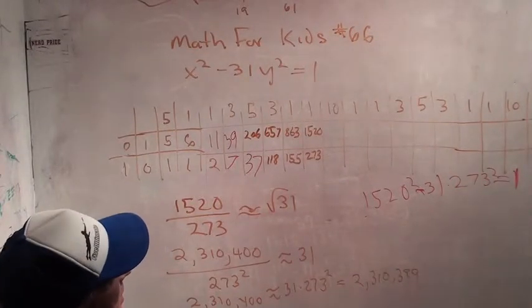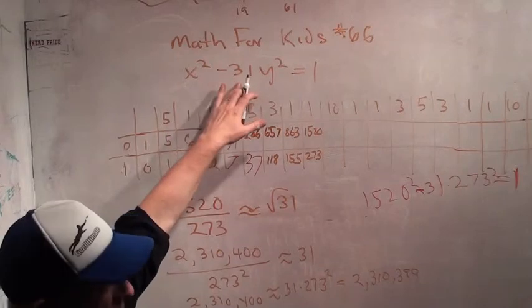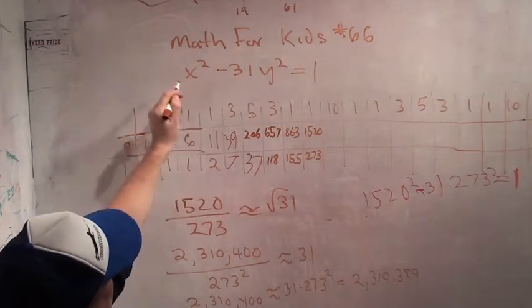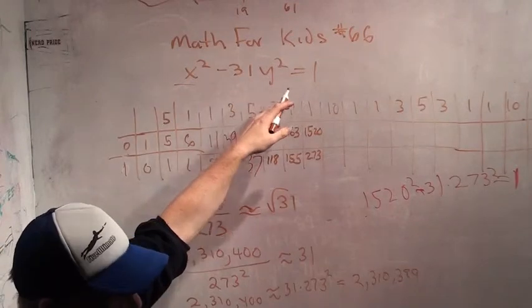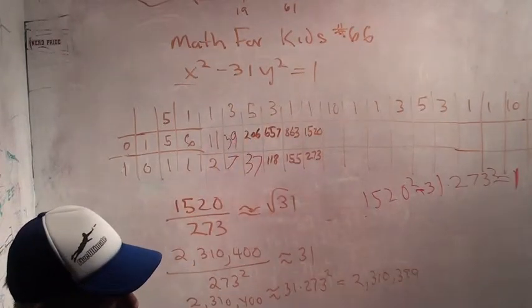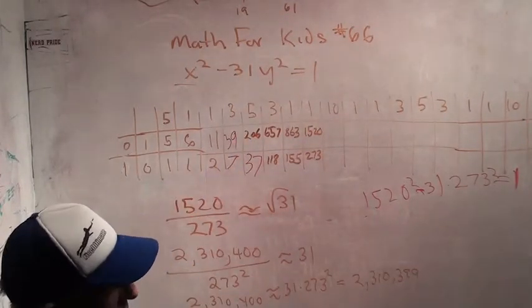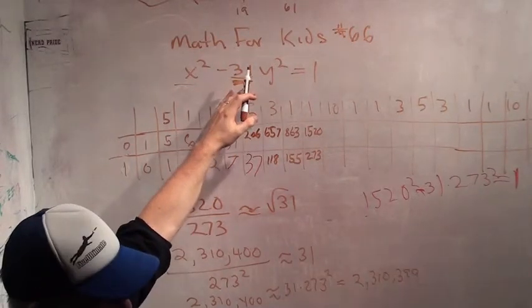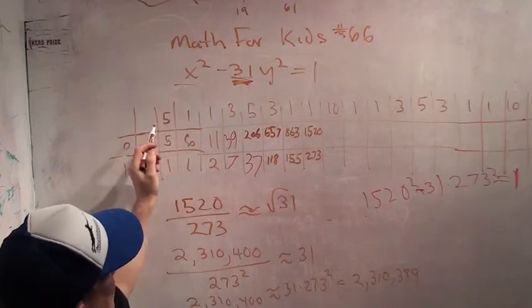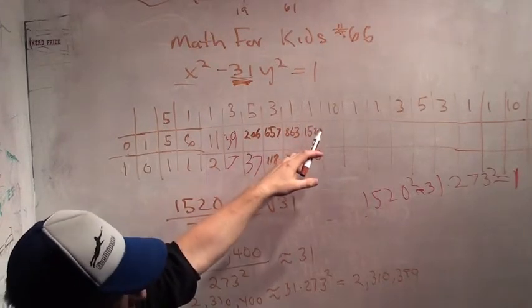So here's the neat thing about continued fractions for square roots. If you have an equation like this, x squared minus some number times y squared equals 1, you get the continued fraction for whatever the number was here, and you look to where it starts repeating.